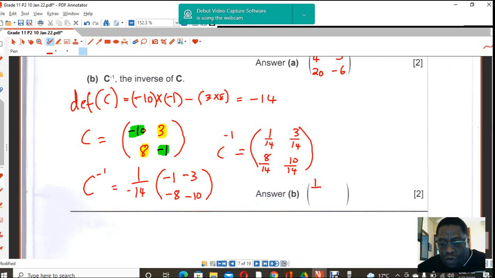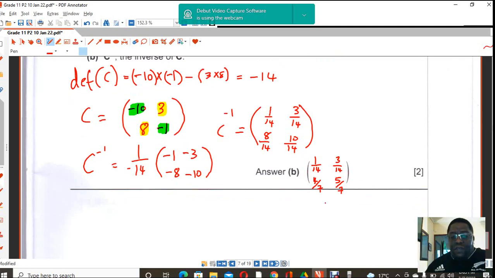So it's 1/14, 3/14, and then 2 goes there, 4/7. That's a 4, and that one is 5/7.